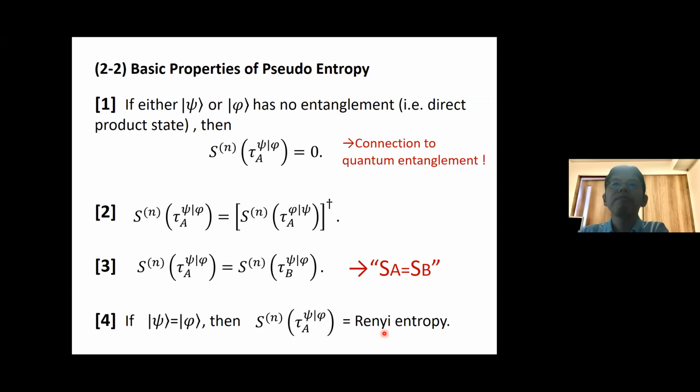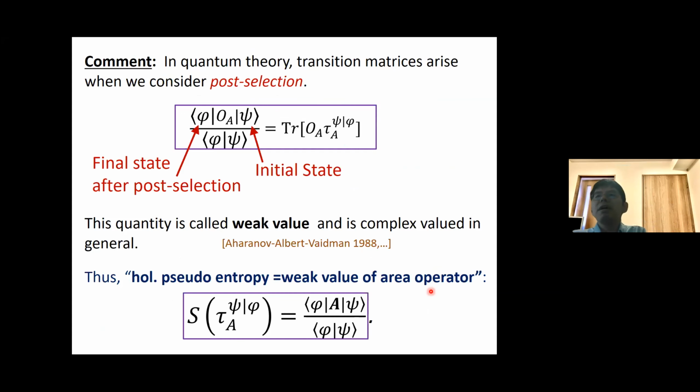One comment is that in quantum theory, sometimes we consider this kind of off-diagonal element of this operator, namely in the case of post-selection. Psi is the initial state, and finally we only restrict to the case where, somehow after measurement, we end up with bar phi.